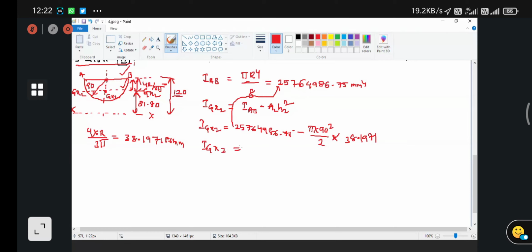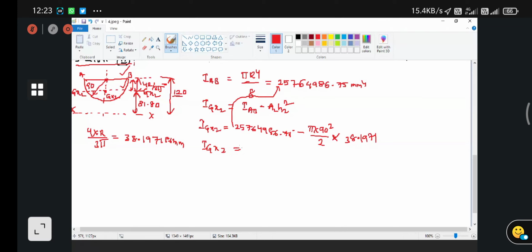You have to subtract from 2576498.675 the term pi r square by 2, that is pi into 90 whole square divided by 2, into 38.1971 squared.